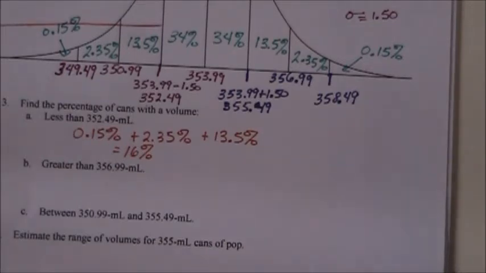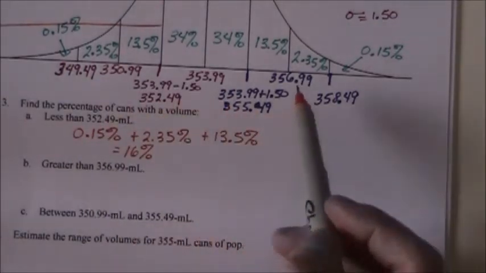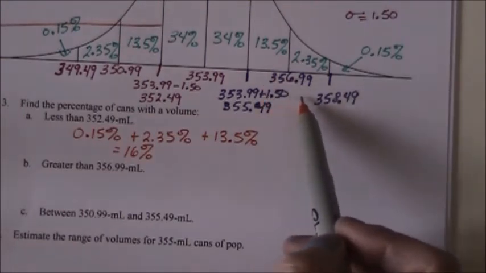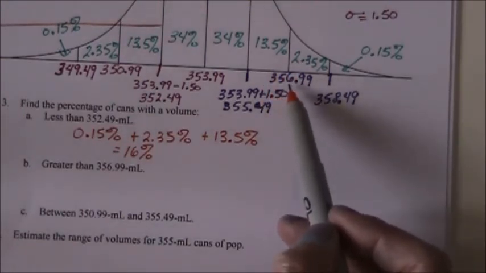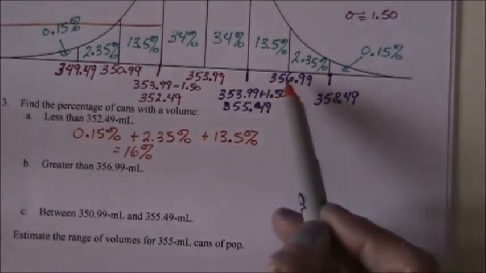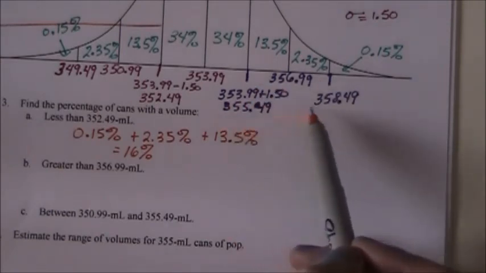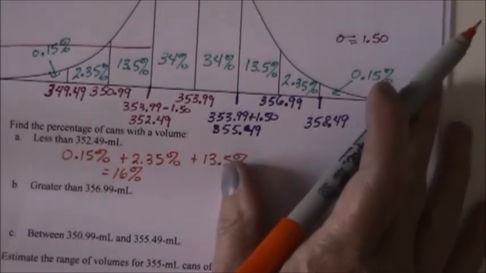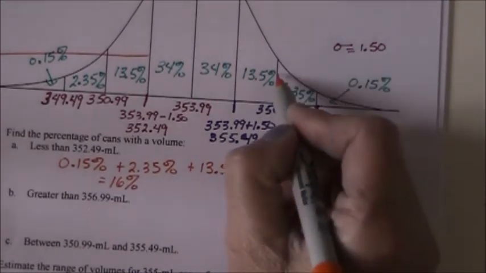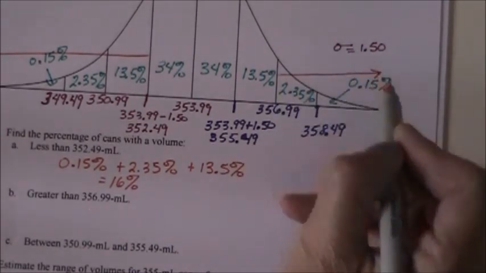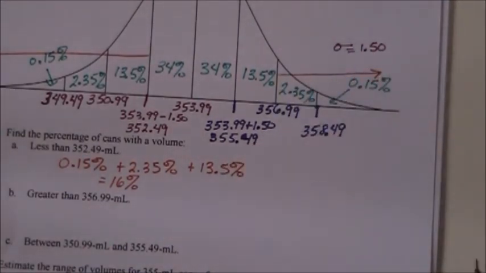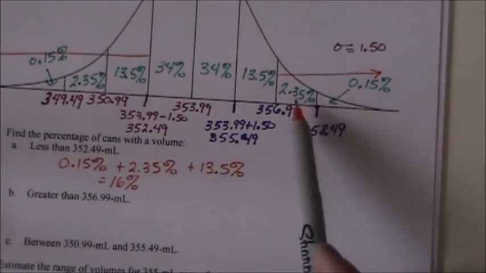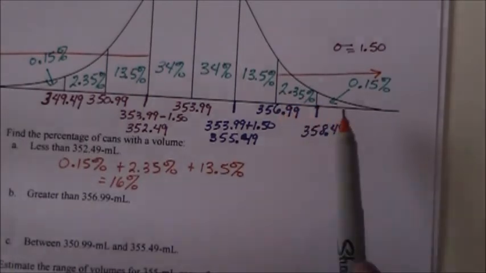Our next example, B says, greater than 356.99. Well, if we look at our curve, there's our 356.99. Greater than would be bigger. So if we look at both sides, this is smaller, this is bigger. So that means we want to go in this direction. So for B, we are going to add these 2 values together.